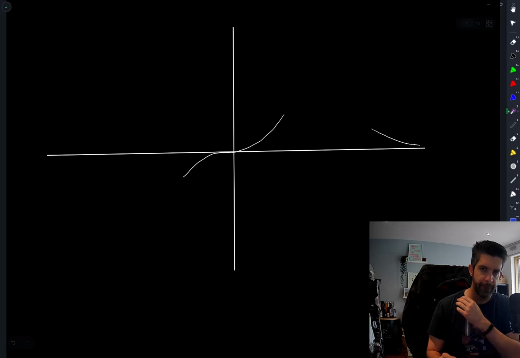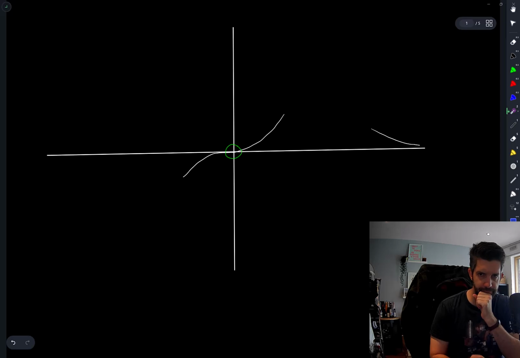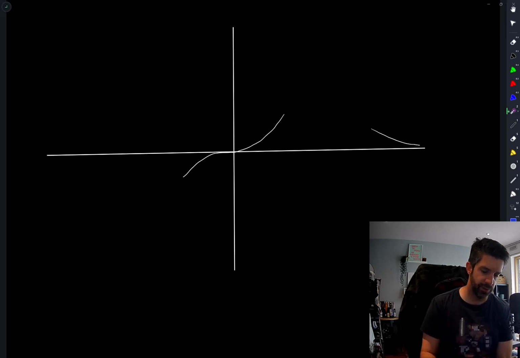That is true, right? It does have a horizontal tangent here. It's got to. I'm pretty sure it does, but maybe we can check that with computation.